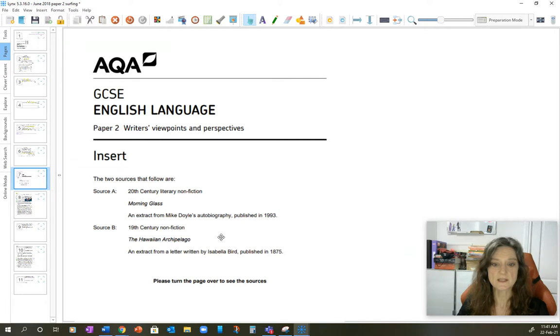So that's from the 1800s. That one's called The Hawaiian Archipelago. And this is an extract from a letter written by Isabella Bird. It's published in 1875. So just looking at that date, it might be a bit more difficult to read. So I'm thinking that because obviously there's more than 100 years between these 2 extracts.